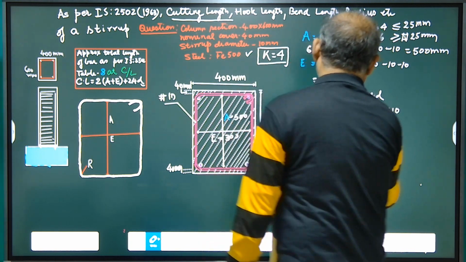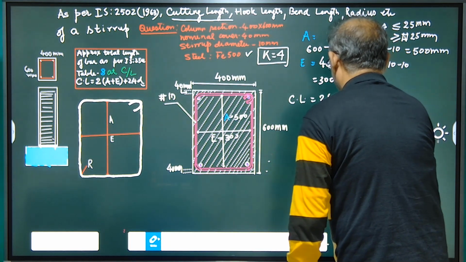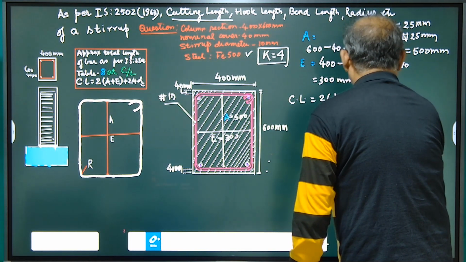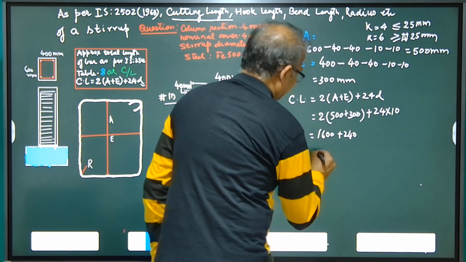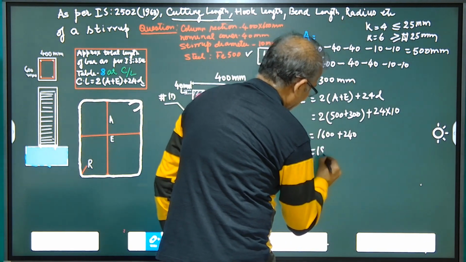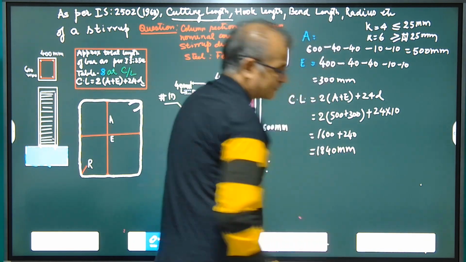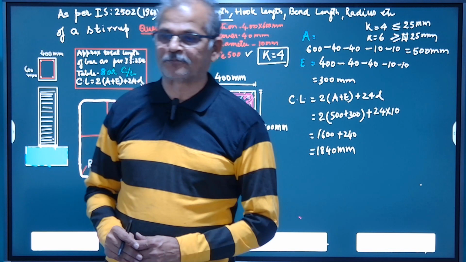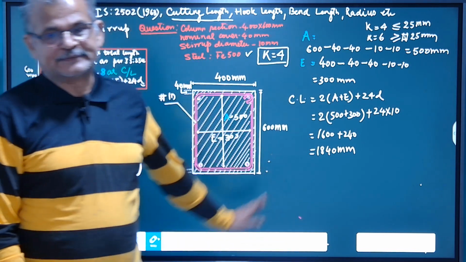So 500 plus 300 is 800, into 2 is 1600, plus 240. So it will be 1840 mm. So we require steel of 1840 mm length to make this stirrup.